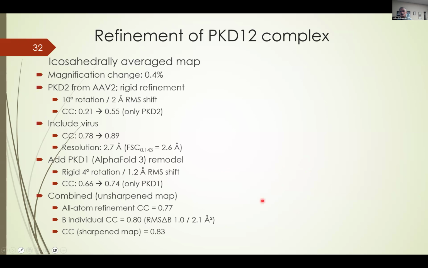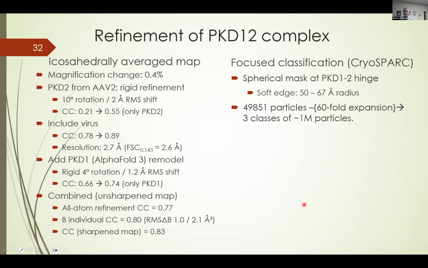So combining it all, we're now having to refine against an unsharpened map because the PKD1 was not well resolved in a sharpened map. We got a pretty good improvement. We refined the individual B factors, restraining the differences between adjacent ones. If we then go and place our structure back in the sharpened map, we get a correlation coefficient of 0.83.